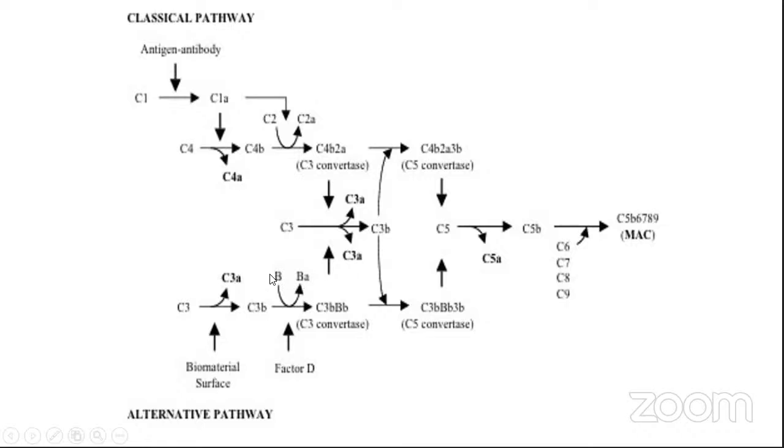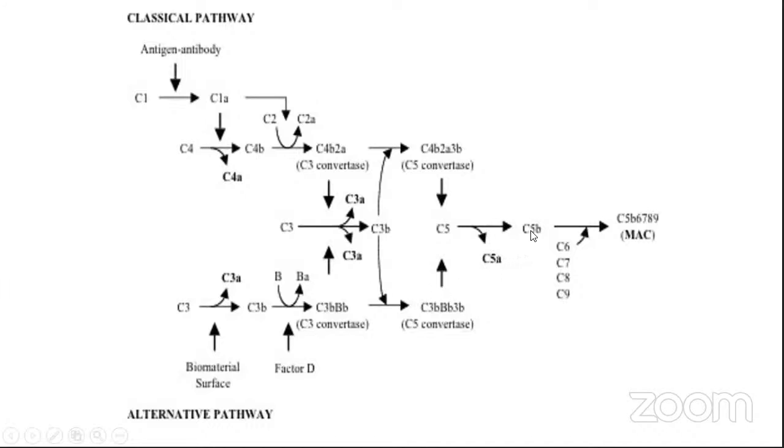So this Ba will have anaphylactic activity, whereas C3b and this factor Bb are called the C3 convertase. This will also now act upon C3 and cleave it into C3A and C3B. So this C4B, 2A and 3B is called the C5 convertase, which will act upon C5. The same way here, C3B, Bb and 3B will act upon C5 and that is called the C5 convertase.